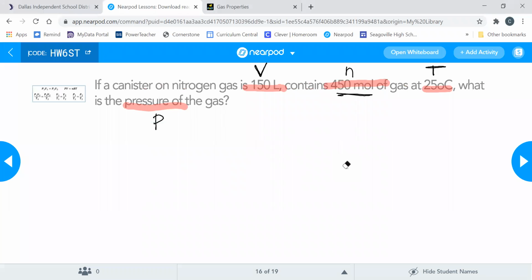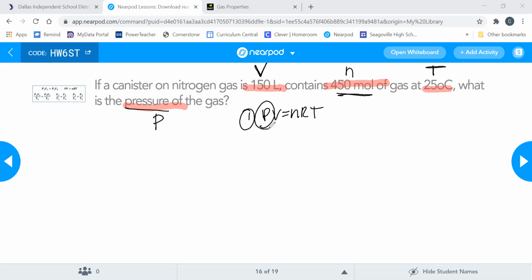So first, write my formula. Figure out what formula you're gonna use. The formula is PV equals nRT, and we're solving for pressure. So I have to rearrange my formula so I have P by itself on one side.